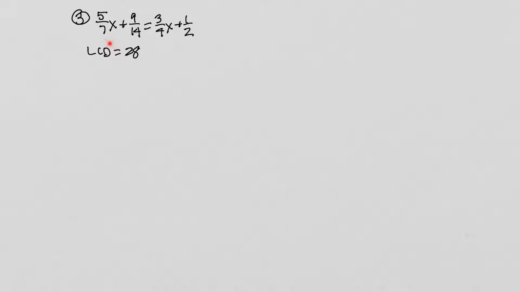So I'm going to write the 28 here, here, here, and here, right? Write the LCD in front of every original term. That's going to look like this. 28 times 5 over 7x plus 28 times 9 over 14. That's equal to 28 times 3 over 4x plus 28 times 1 over 2.